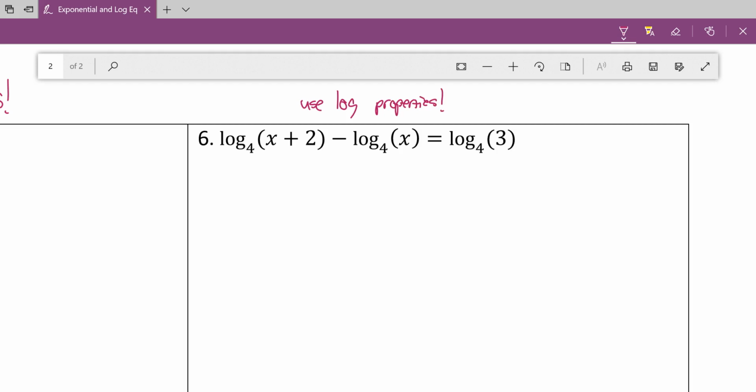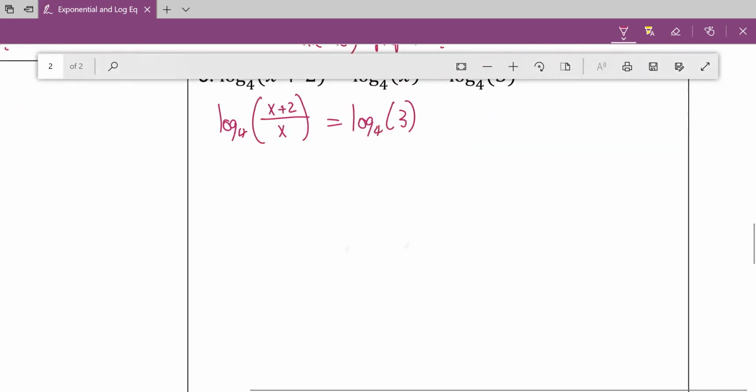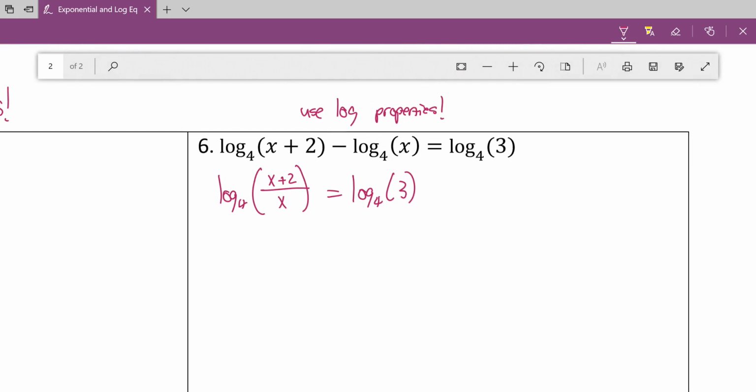So if I have x plus 2 minus x, I can rewrite this as log base 4 of x plus 2 divided by x equals log base 4 of 3. So this is my subtraction or quotient property of logs.